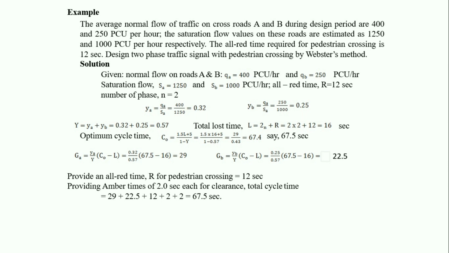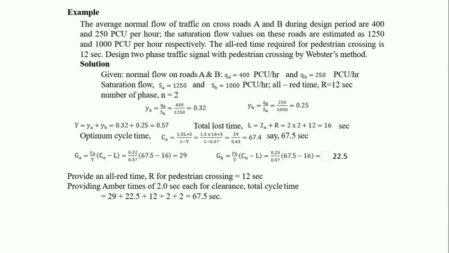Initially we will separately find out the green time at road A, which is equal to small y divided by capital Y into (C0 minus L), that is equal to 29 seconds, and for the green time at road B, using the formula, we get 22.5 seconds.